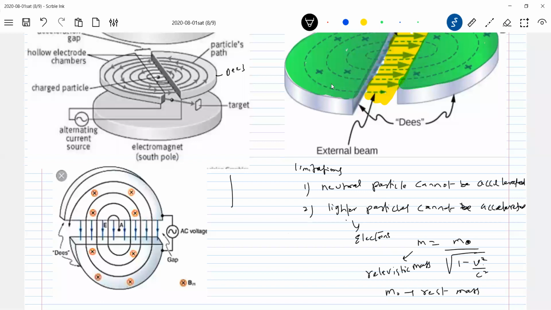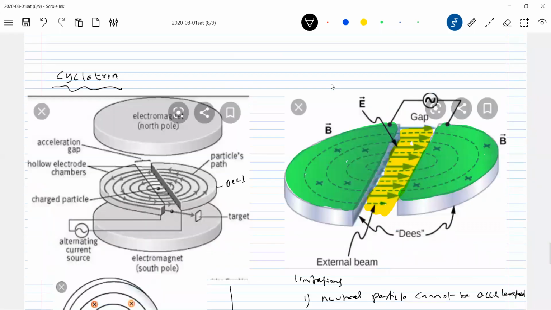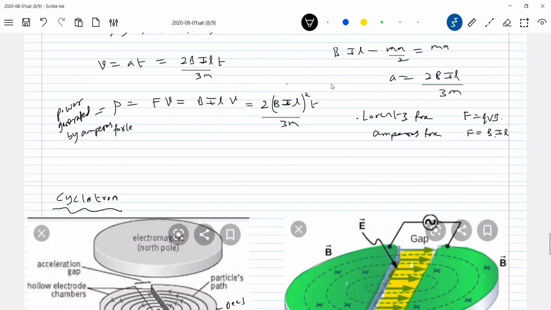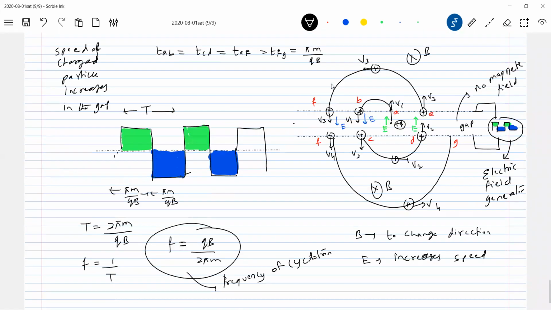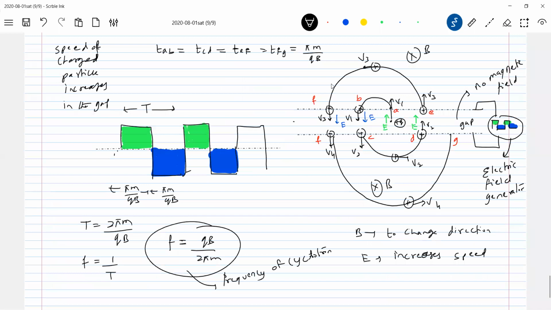One more limitation is that as you go for a lighter particle, you need high frequency. Any reason for that? I think we have generated the formula, no? As m decreases, for a lighter particle, what happens to the frequency? Very high frequency. Very high frequency means we have to generate an electric signal which will have high frequency. It's a very big problem.